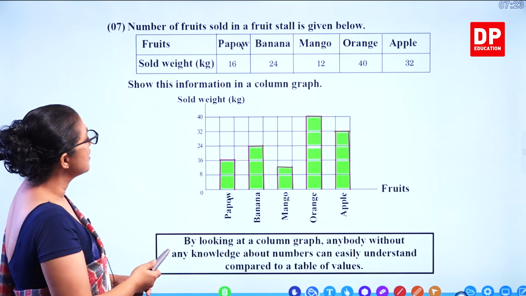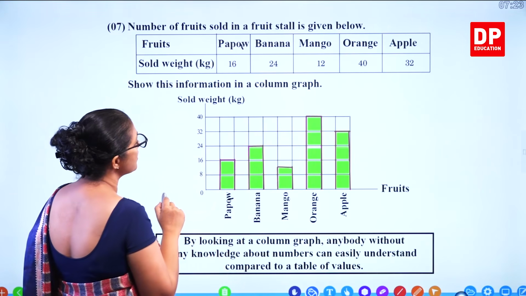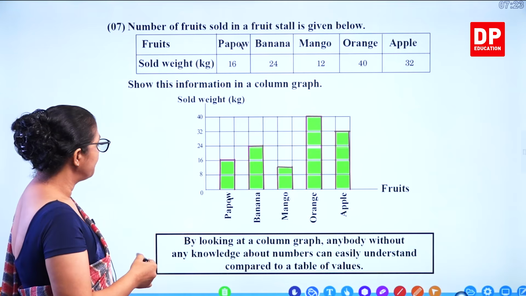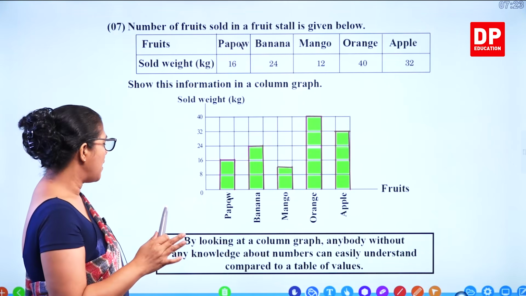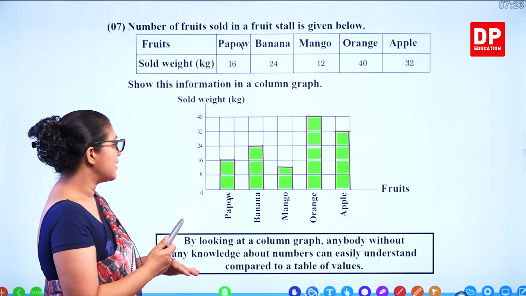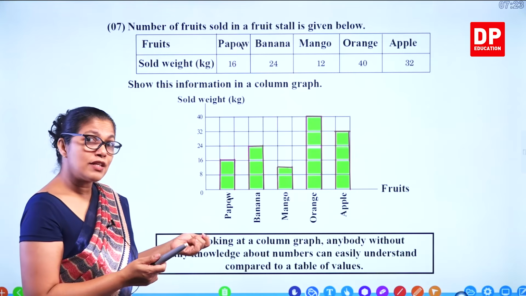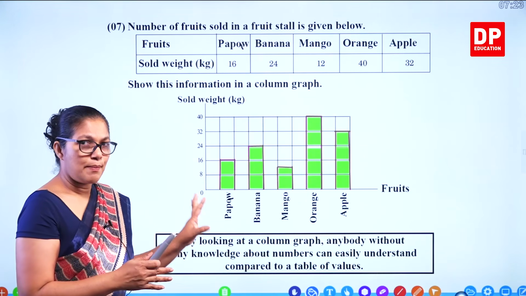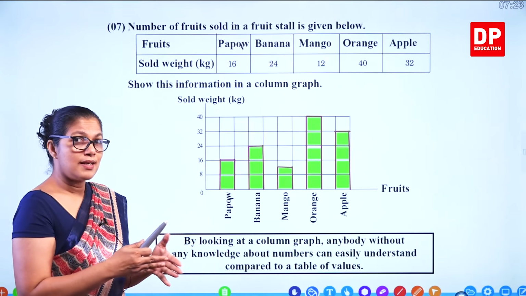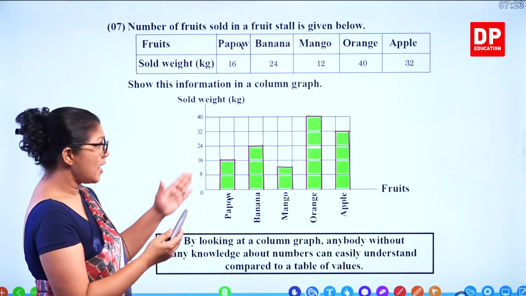So you get, at once you can see the highest number is for oranges and then the lowest is for mango. By looking at the column graph, any knowledge about numbers can be understood easily compared to a table. Mostly in elections, have you seen a table with values, and you get graphs, sometimes pie charts, circular shaped graphs, sometimes column graphs.